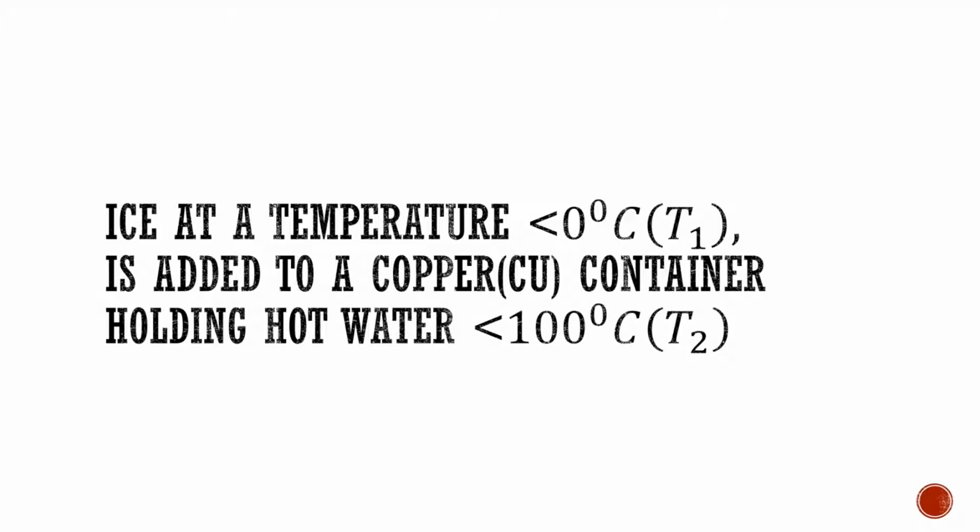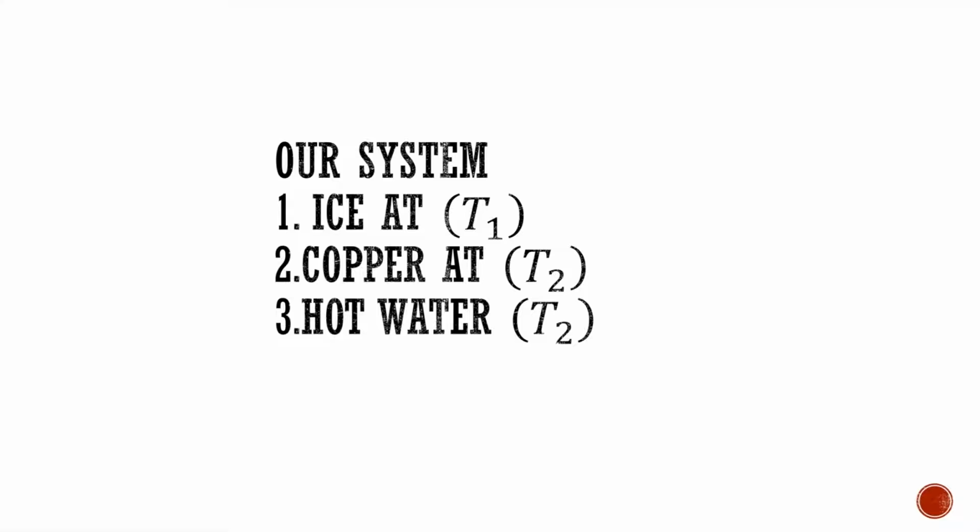Actually there occur 5 steps here. So first of all, once we get such a problem, what we have to look at is our system. What are the components of our system? Our system consists of ice, and its temperature is less than 0 degrees Celsius, termed as T1. Then copper at a temperature of T2 degrees Celsius.